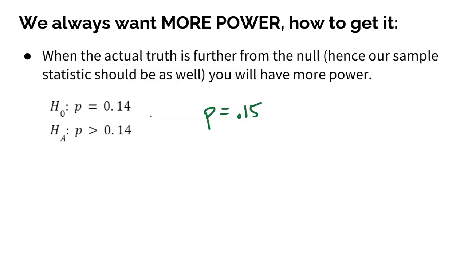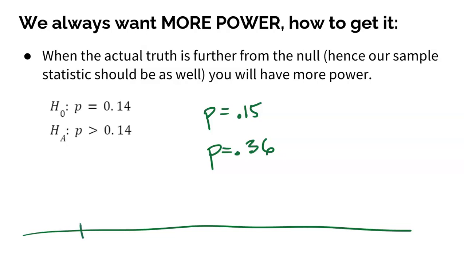But since it's only a little bit higher than 14%, it might be tougher for me to see that. Whereas if the true proportion was, say, 36%, that is so much higher than 14% that I would assume a large amount of samples are going to show me that. You can actually think about this on a number line. If here is the null, 14%, and we build our sampling distribution around it.